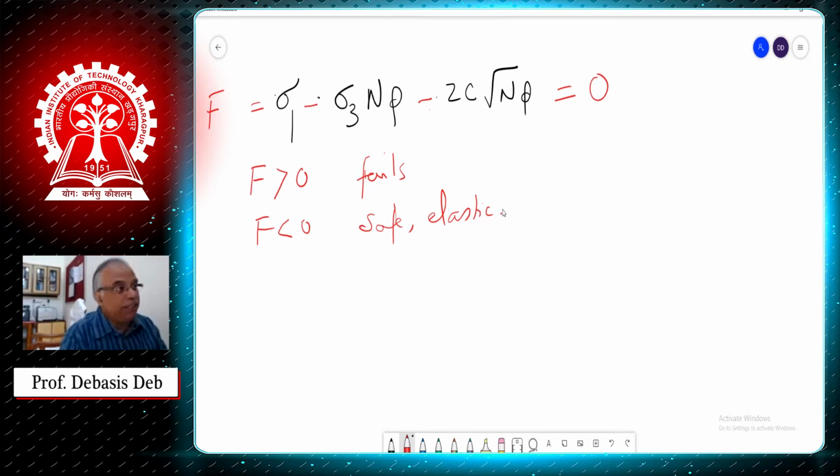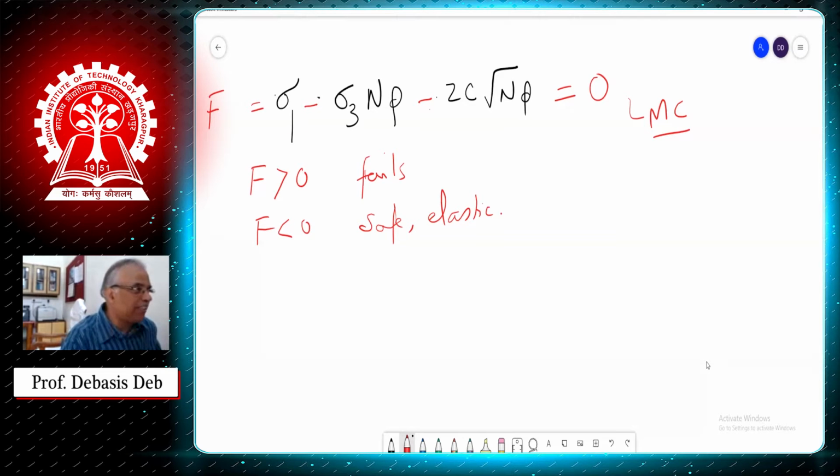Now the benefit of the Mohr-Coulomb criteria, this one is the MC criteria, is that it is linear in nature, so it's very easy to apply and very easy to understand also. Again, the disadvantage is it is linear.